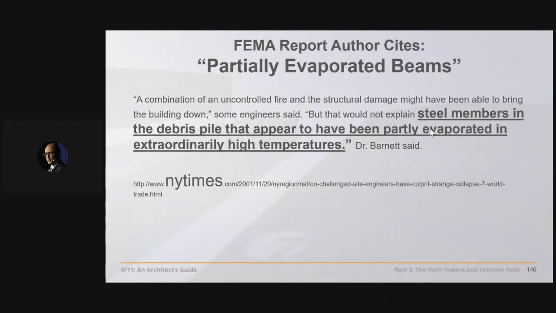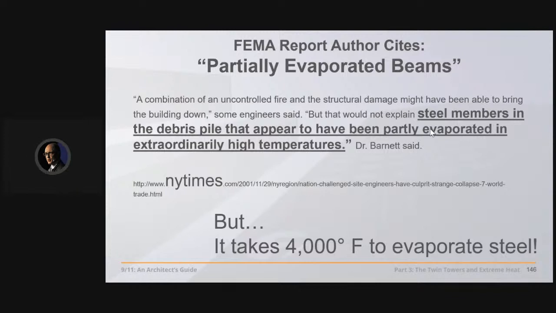And steel members in the debris pile that appear to have been partly evaporated in extraordinarily high temperatures, says the author of the FEMA report, Dr. Jonathan Barnett. But we have a problem here. It takes 4,000 degrees to evaporate steel, 3,000 degrees to melt concrete, 2,800 degrees to begin to melt steel.